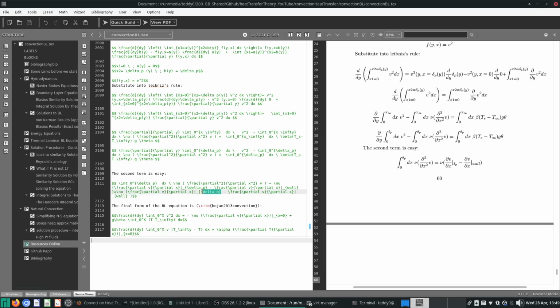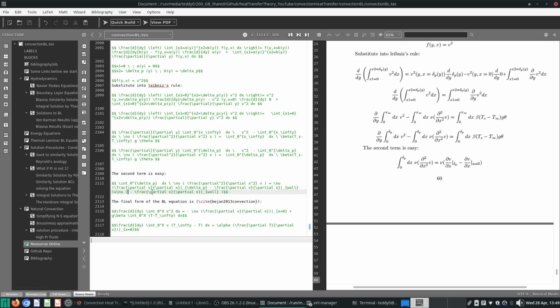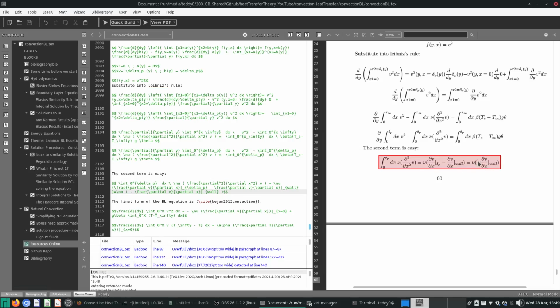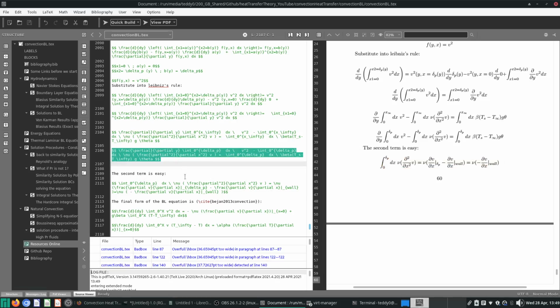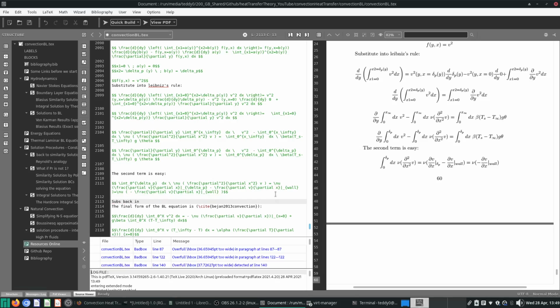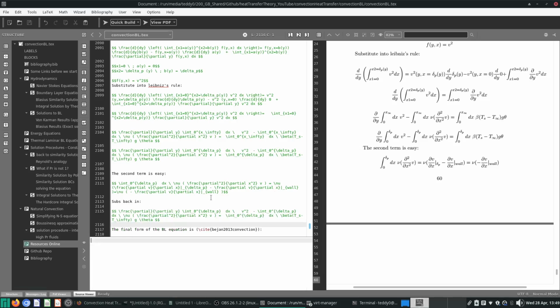So I'll just delete this part because this first term is negligible compared to the second term, which is the wall shear stress. Substitute that back in, and then I'll get this term here.